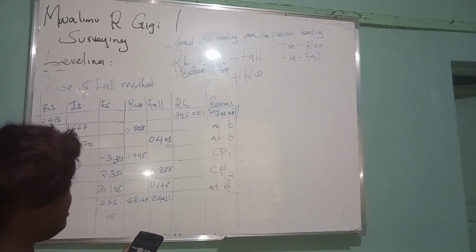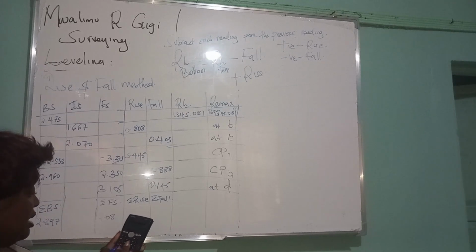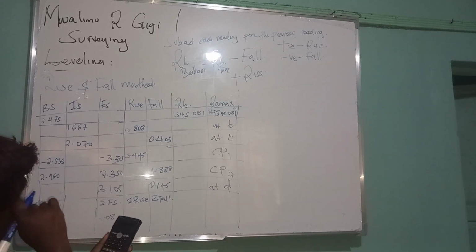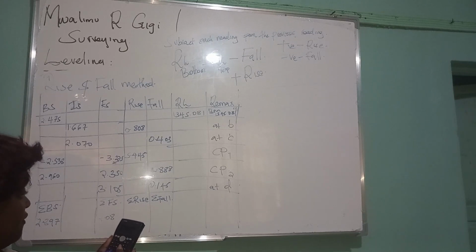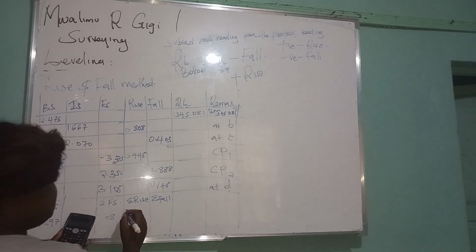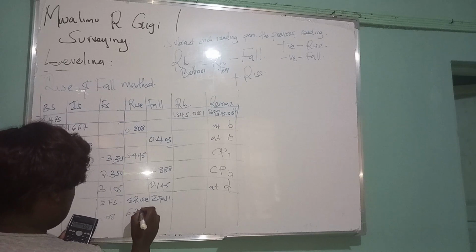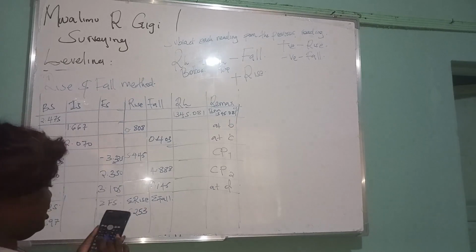So now the summation of rise and summation of fall. We want to sum 0.808 plus 5.445. So it is 6.253.